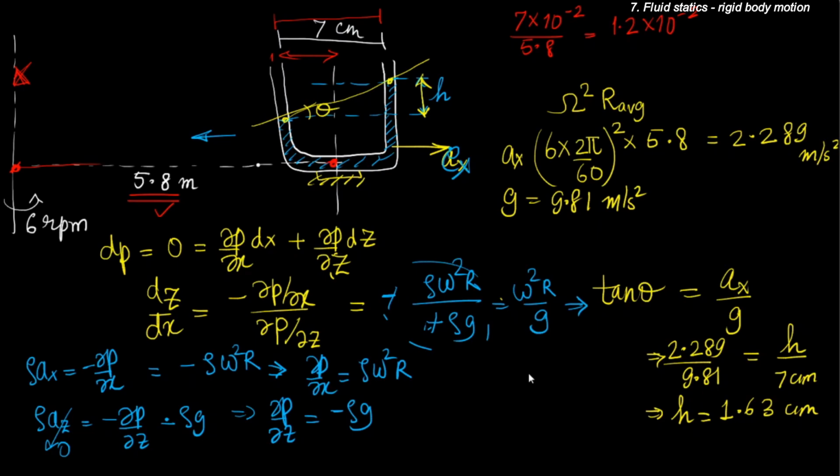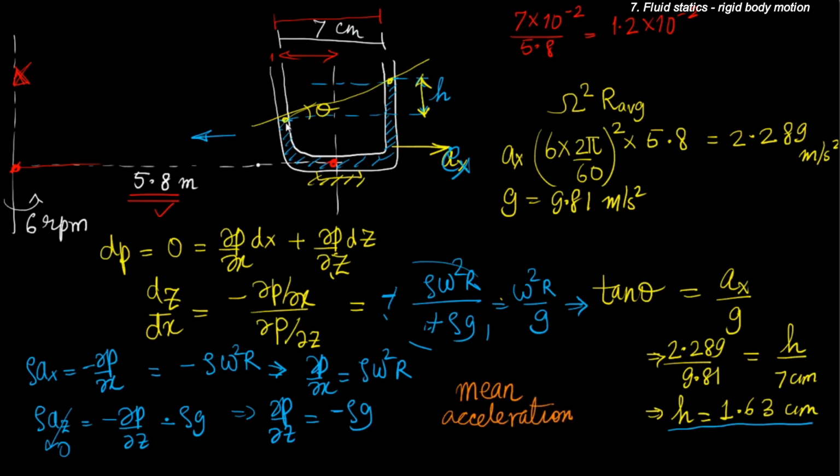But we found out the height, that is okay. But we have made the assumption that the entire object has sort of a mean acceleration. So this result is found out for mean acceleration.